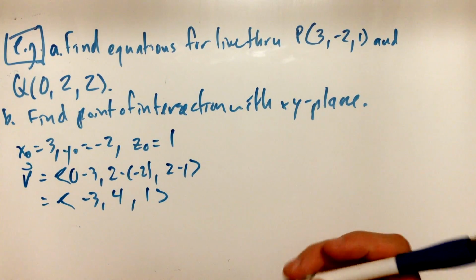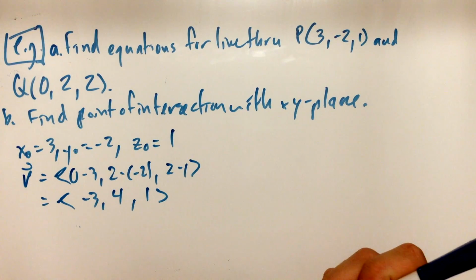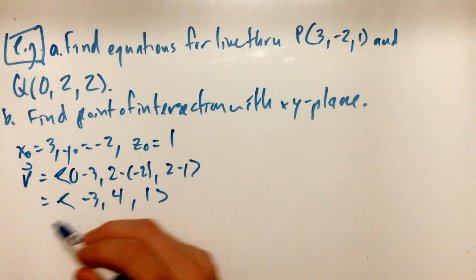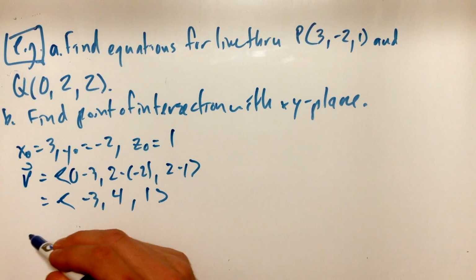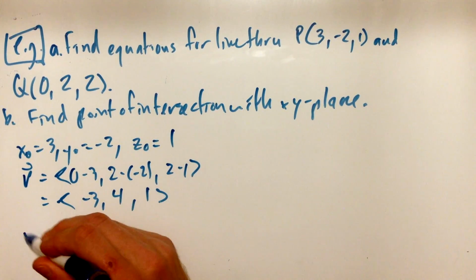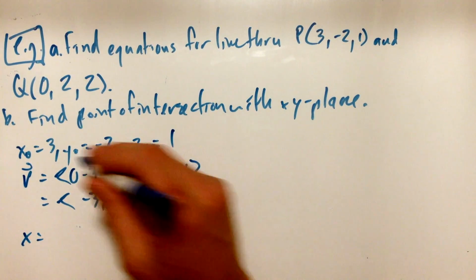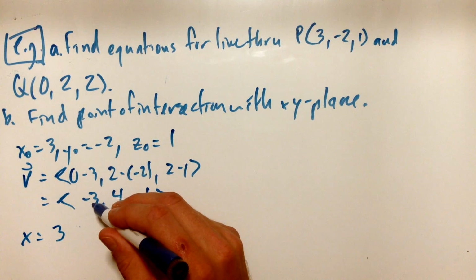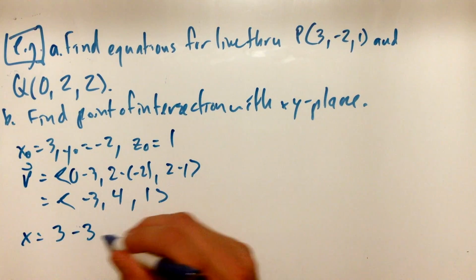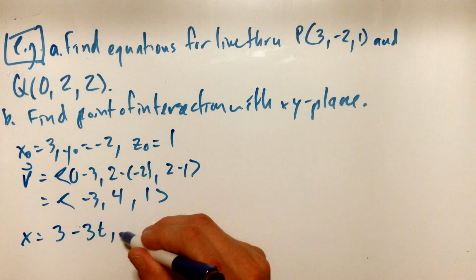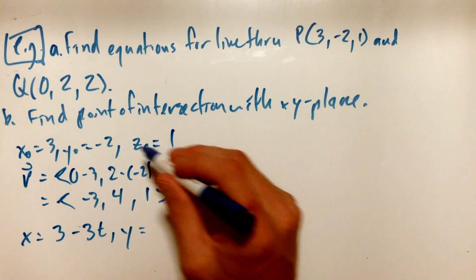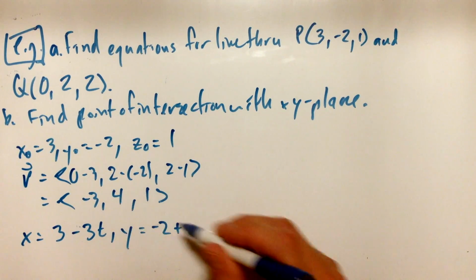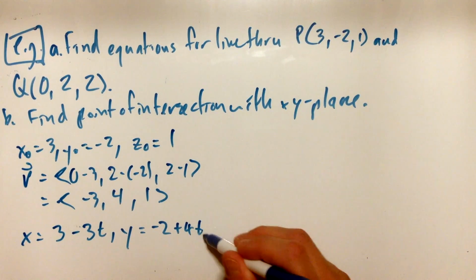All right, so first, why don't we write down parametric equations. So we have x is equal to x0, which is 3, plus a, which is -3, times t. y is equal to y0, which is -2, plus b, which is 4, times t.